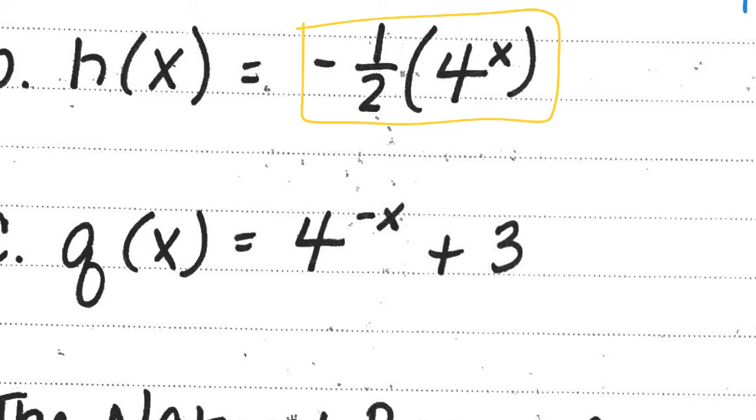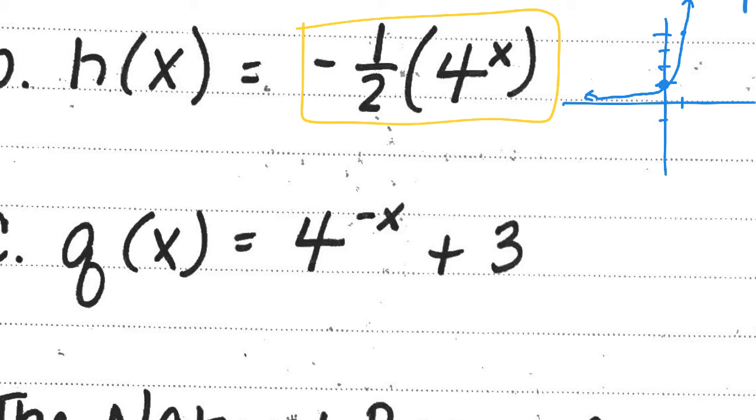Notice this negative 1/2 is going to make it a little steeper. So my 4 to the x power is going to look the same. It's going to go through 0, 1, and 1, 4. And that's going to look like this. But now when I plug in numbers and I put in 0, now I have 0, negative 1/2.